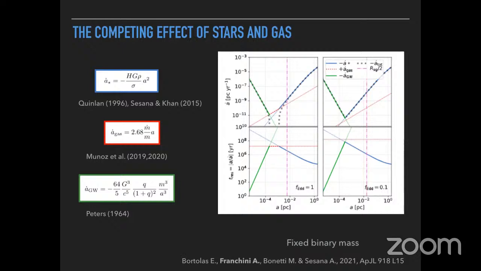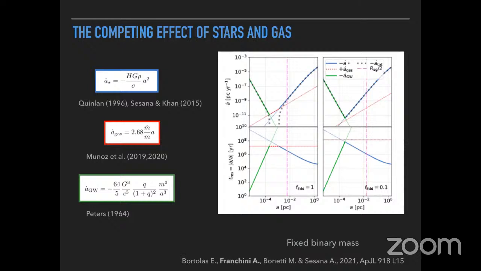So we assume the stellar hardening, which is the standard one, and the gas-driven expansion this time, because we wanted to see, let's say that the binary expands as a result of the gas interaction, but stars drive it to shrink and gravitational waves drive it to shrink as well. So I wanted to understand which regions of the parameter space are really dramatic for binary expansion, if any.